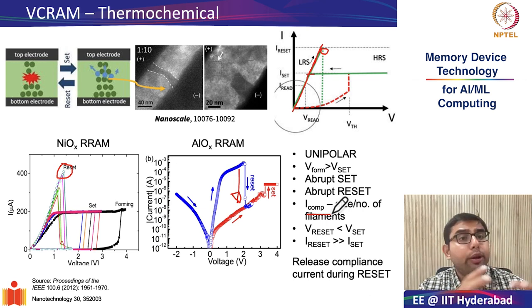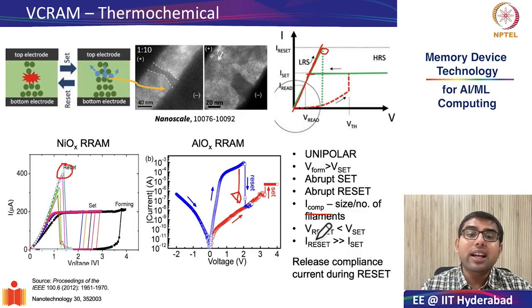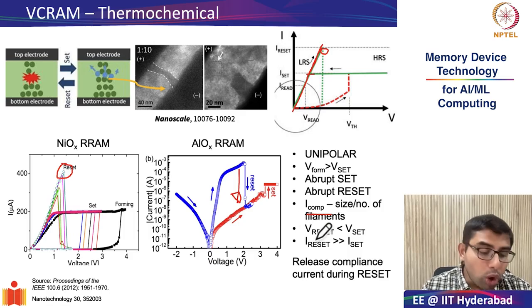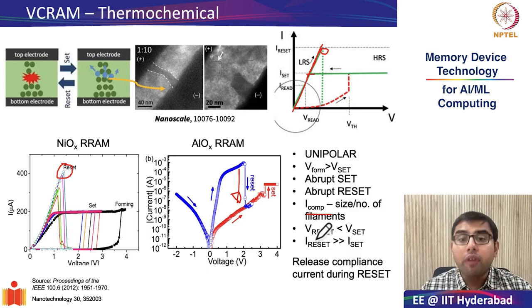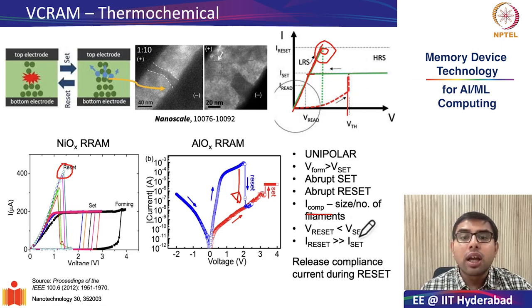However, the biggest difference we see in thermochemical cells when we compare it with electrochemical cells is the operating conditions, both for voltage and for current, of set versus reset. As we can see, the reset happens at much smaller bias compared to the set bias. So V reset is much smaller than V set.